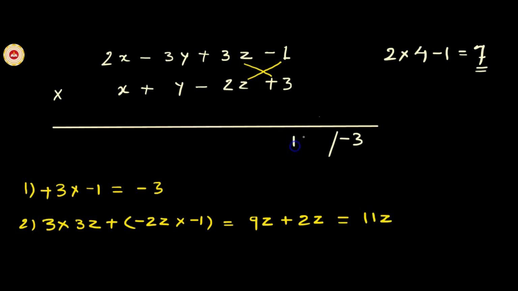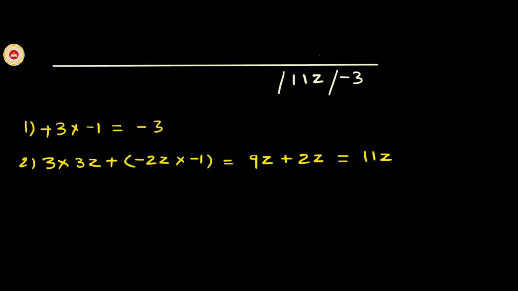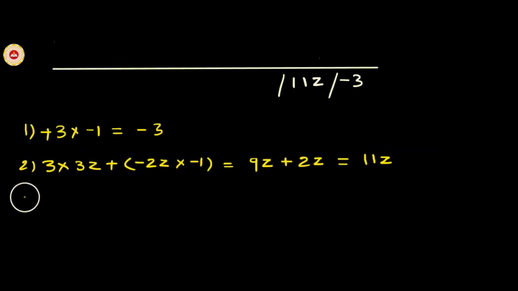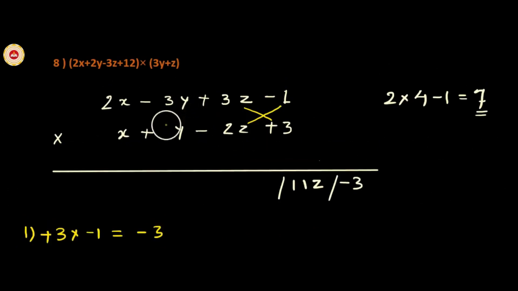Write 11z in the second part. Okay, draw a slash. Now the third step is to join this third column to the previous 2 columns. Now there are 3 columns, multiplying the terms in these 3 columns.